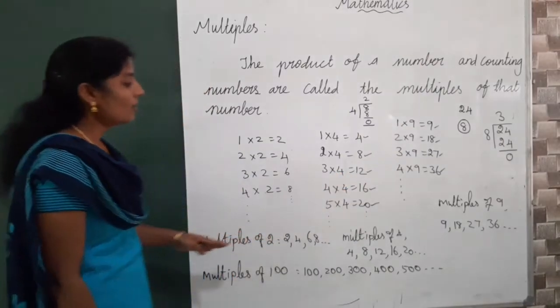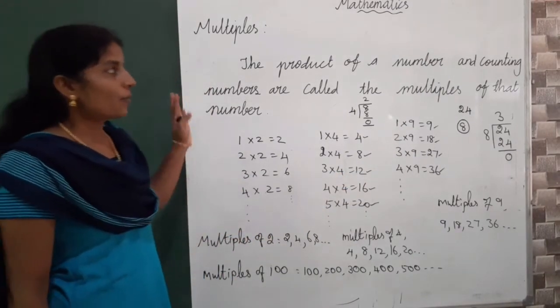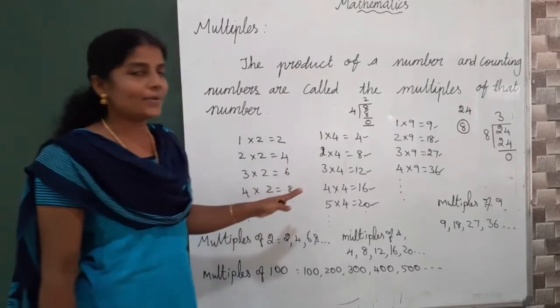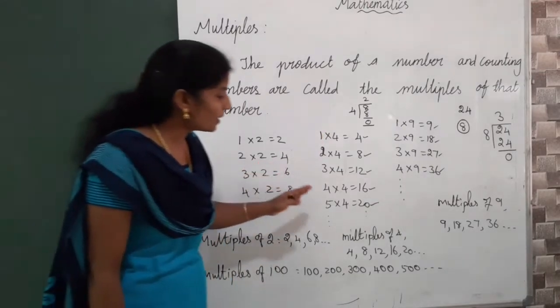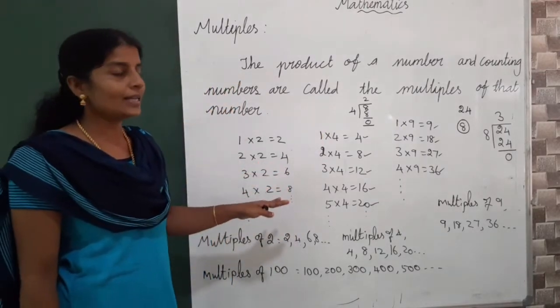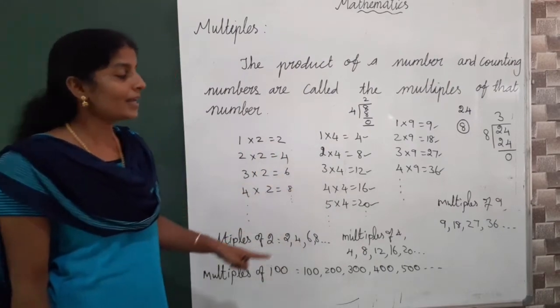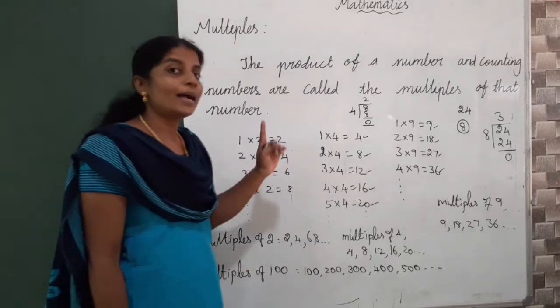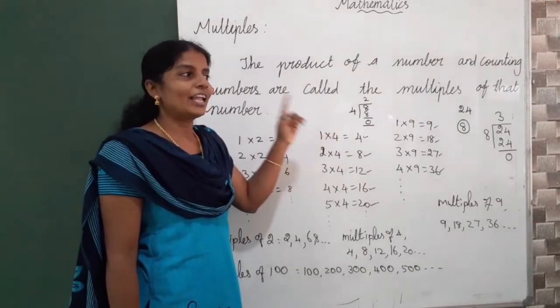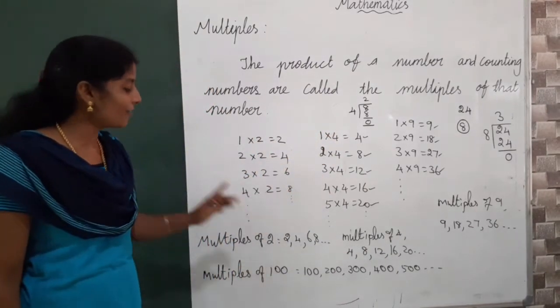Now, remember that the multiples of a number are equal to or greater than the number itself. But the factors of a number are equal to or less than the number itself.